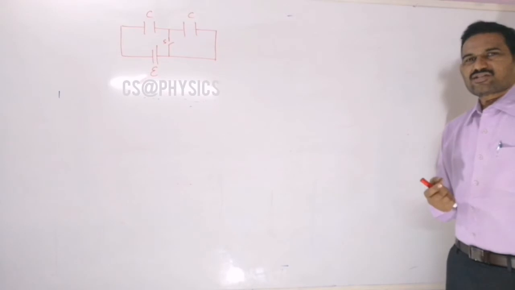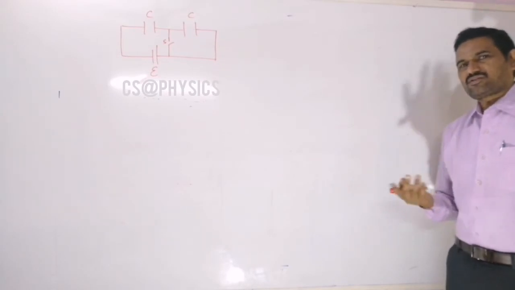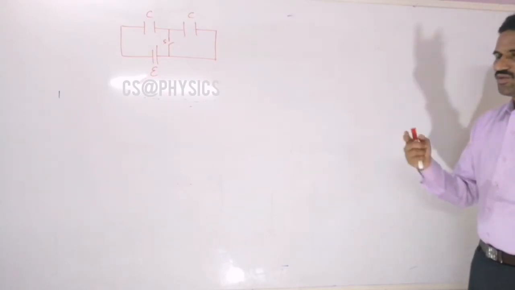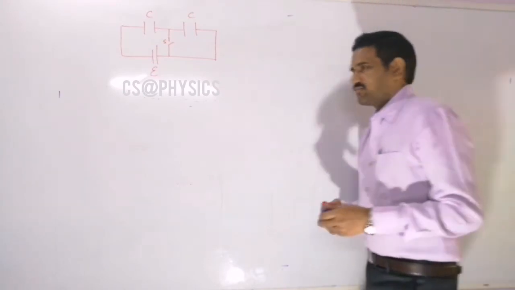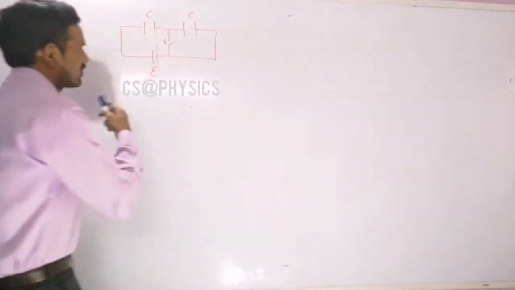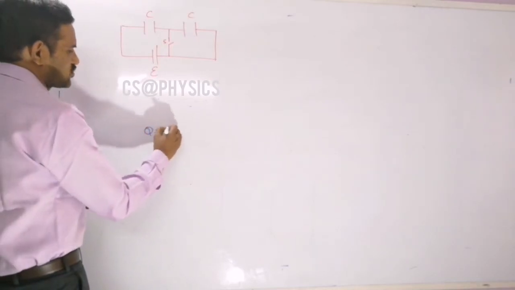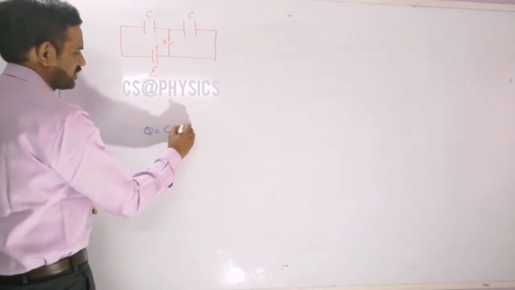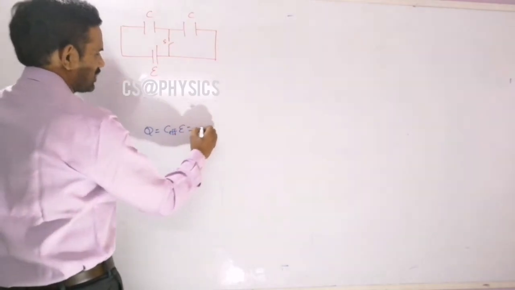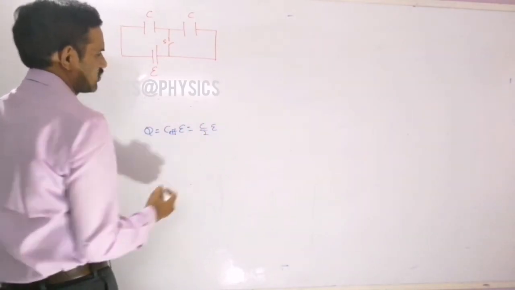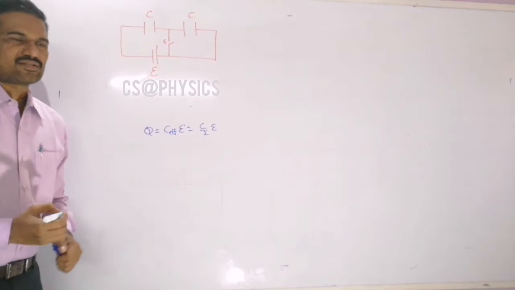Now let us write the initial charge on those two capacitors and final charge on those two capacitors here. So initial charge I can write there itself. Both the capacitors are in series, so C effective into E, and now this is nothing but C by 2 into E, because both are identical capacitors in series.